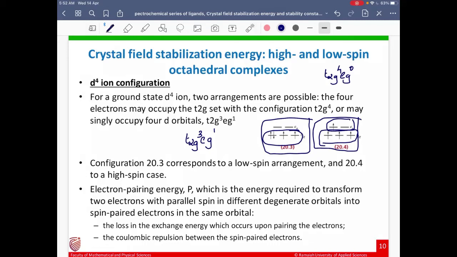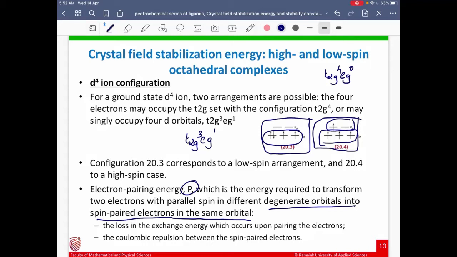Electron pairing energy, which is P, is the energy required to transform two electrons with parallel spin in different degenerate orbitals into spin paired electrons in the same orbital. So a new term comes, known as electron pairing energy.